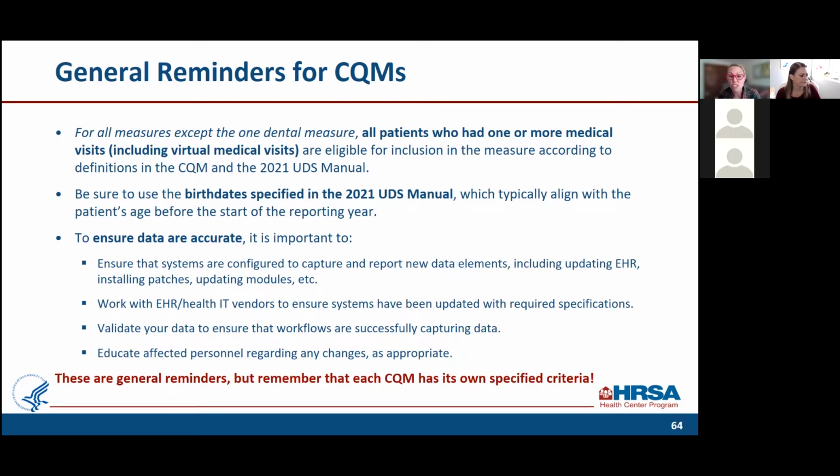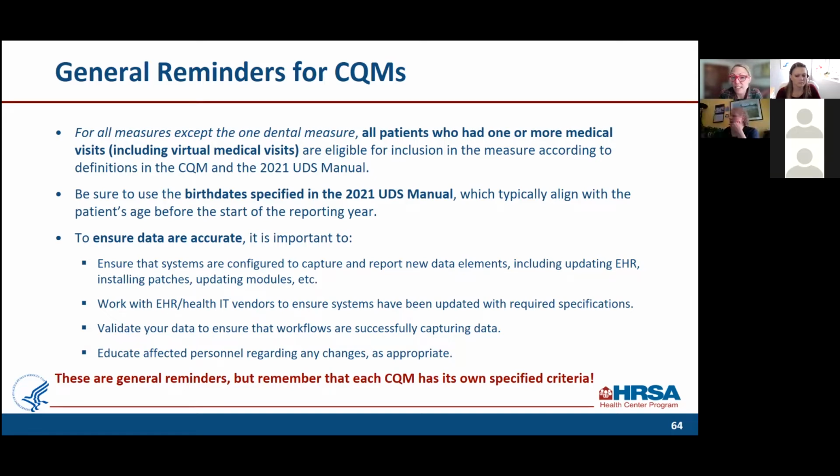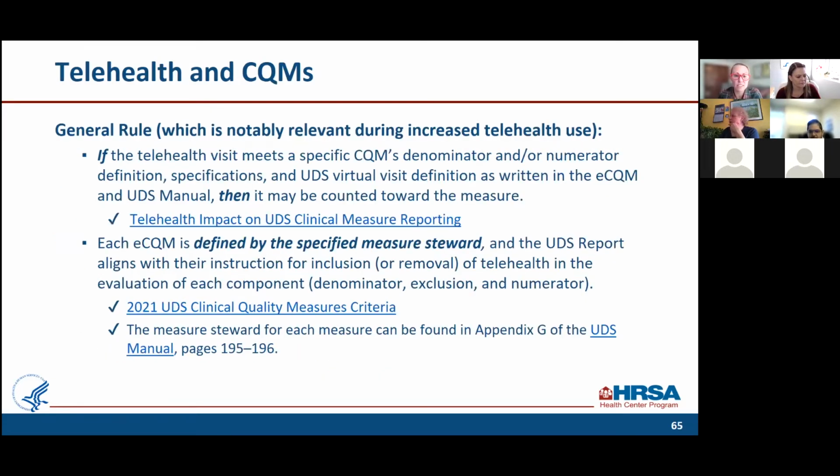So you'll need to be sure that your workflow and documentation in your system results in an accurate depiction. And this validation will be really important for your success. We're going to go into that in a little bit of detail. Those are just some big picture reminders to have in your head.